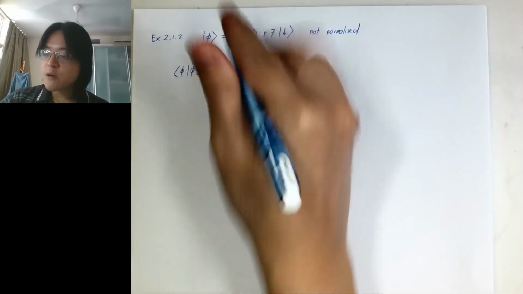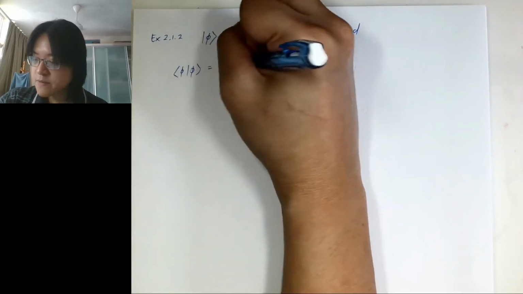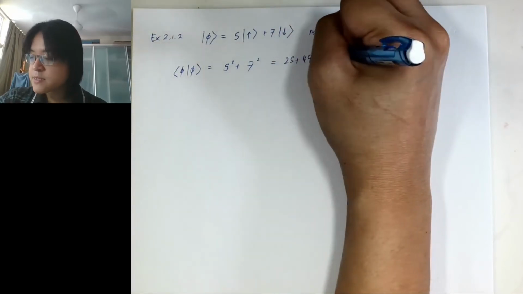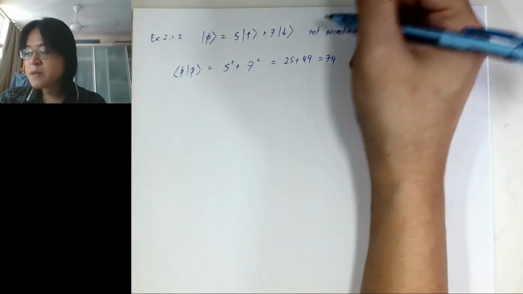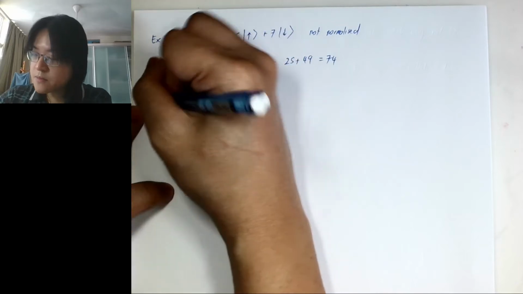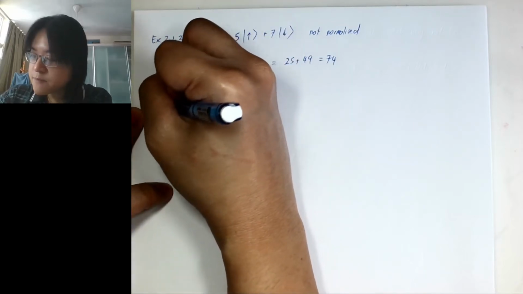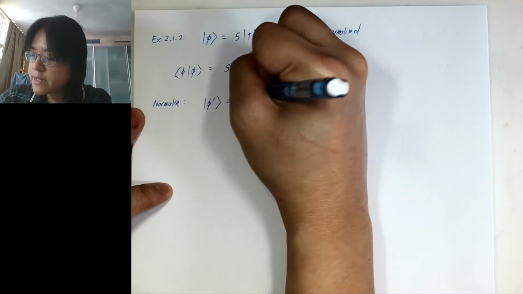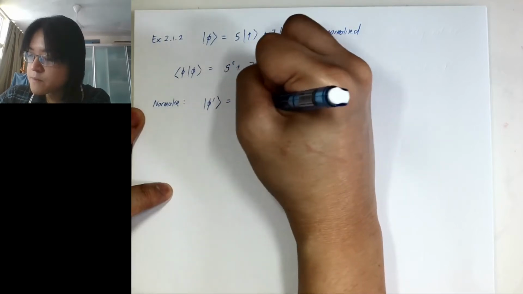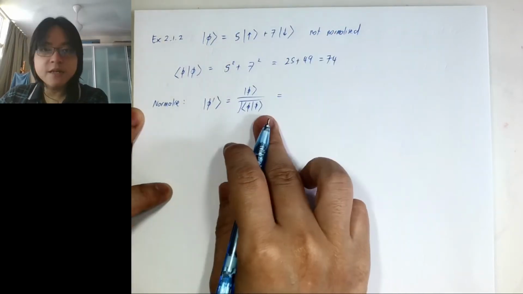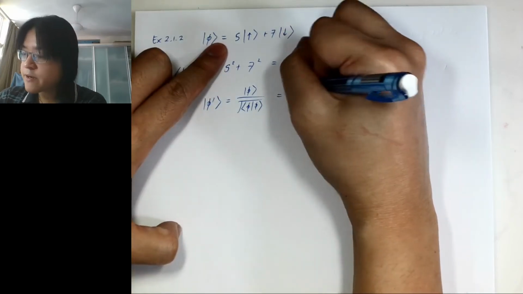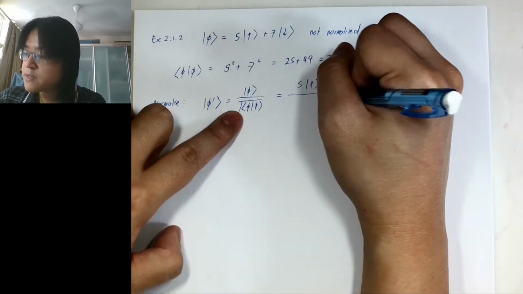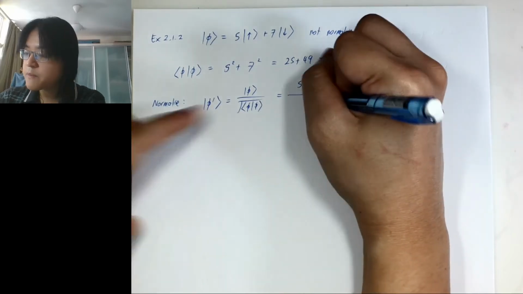So finding the norm is just 5 squared plus 7 squared, right? So you get 25 plus 49. This is 74. So the normalized version of this state is, well, we divide this by the norm. So it's basically 5 up, 7 down, divided by the square root of 74.